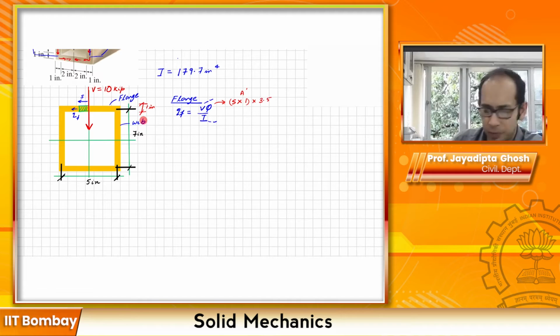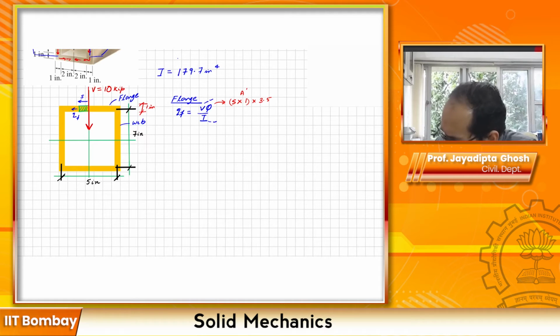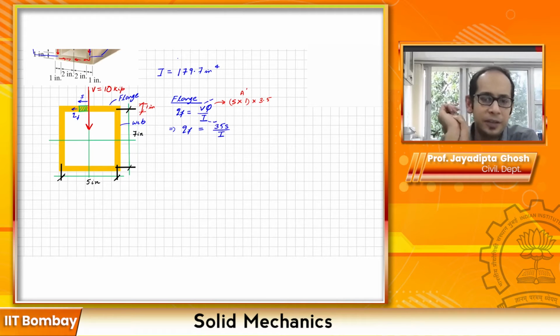So if you substitute back these things over here, if you put V equals 10, I equals 179.7, and Q equals 3.5 times S, what you will eventually get is that your Q in the flange becomes 35S divided by I. So you see that here it is a linear variation.